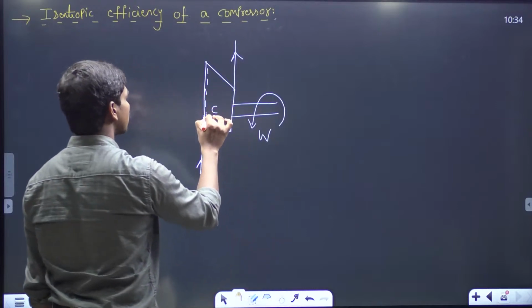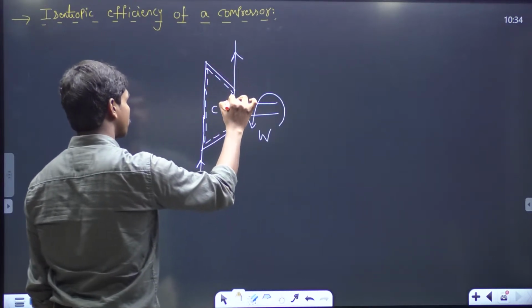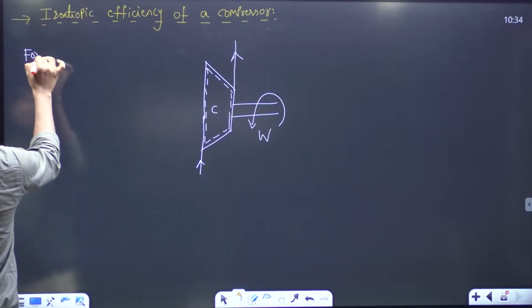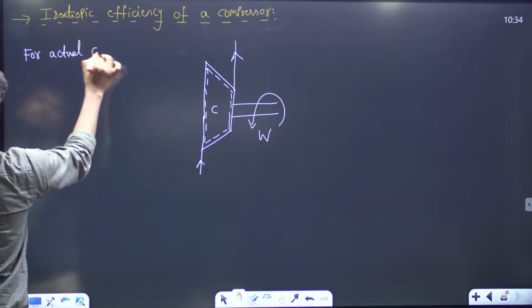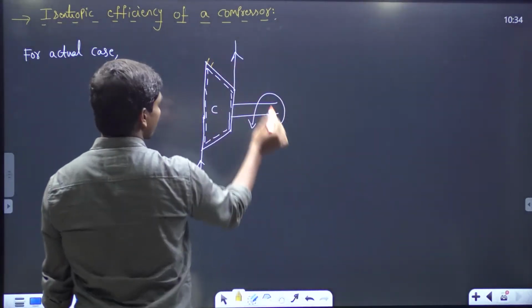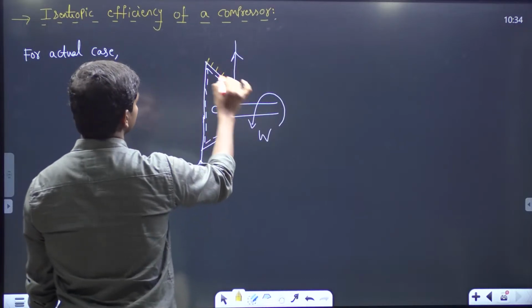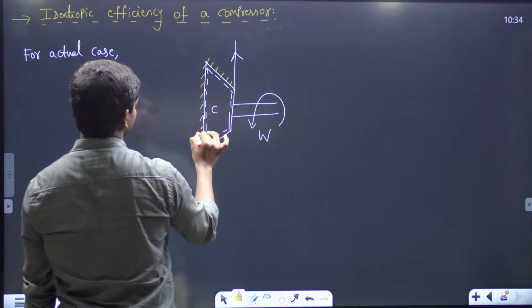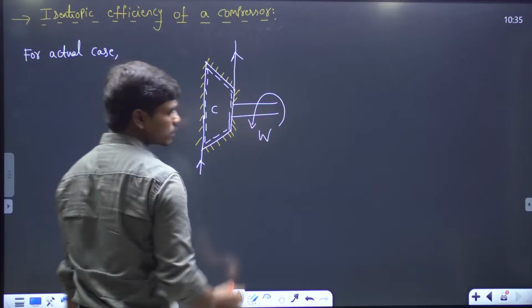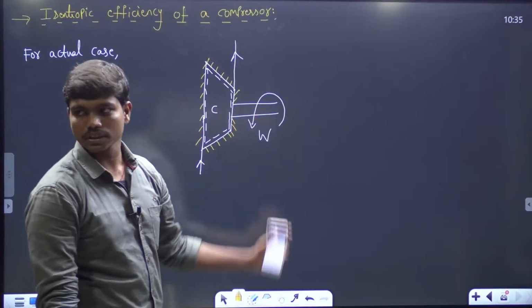Now for the actual case, same as for the turbine, you'll also insulate compressors in practical conditions, because whatever work you are putting in, you don't want that work to go out as heat. Because if heat is going out, the time taken to reach this energy will be more. So compressors are also practically insulated.